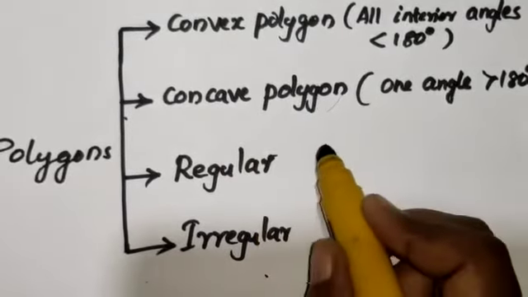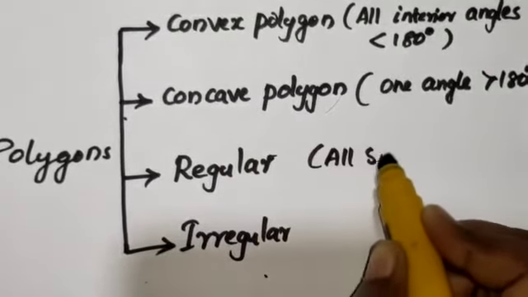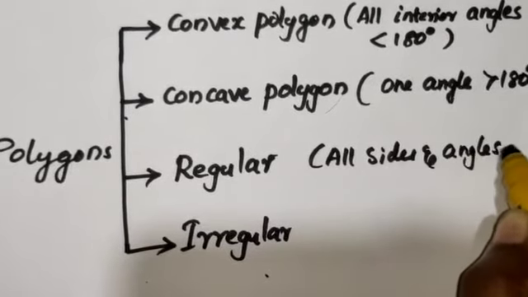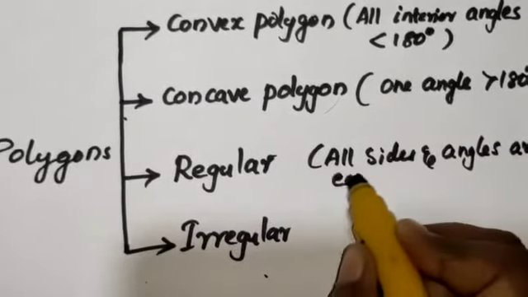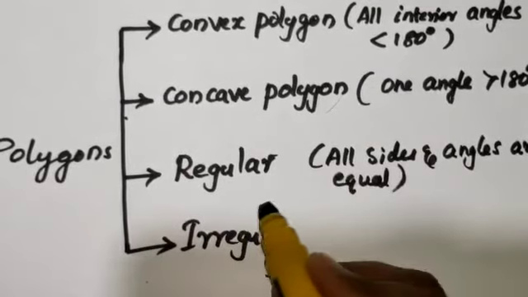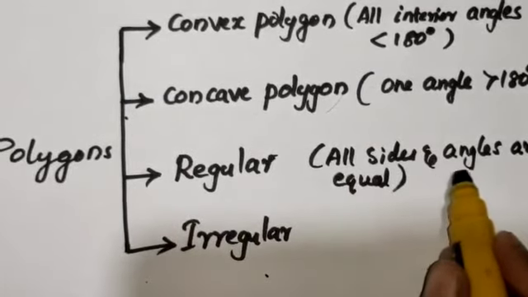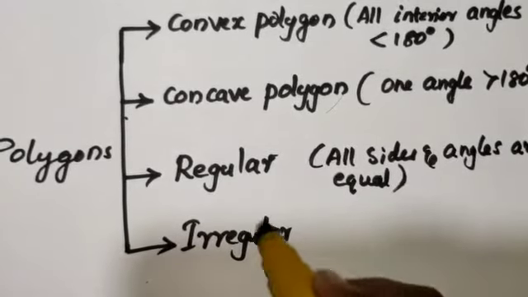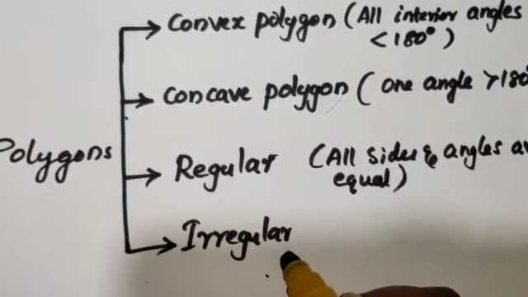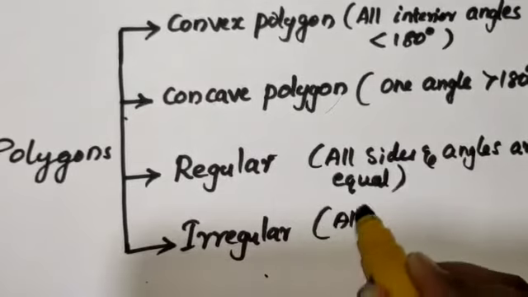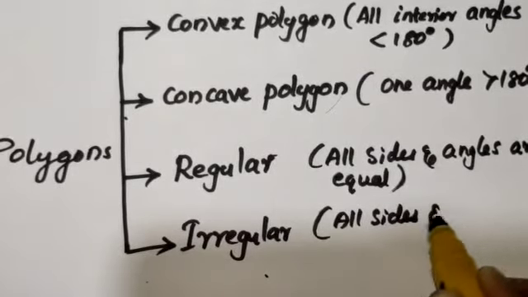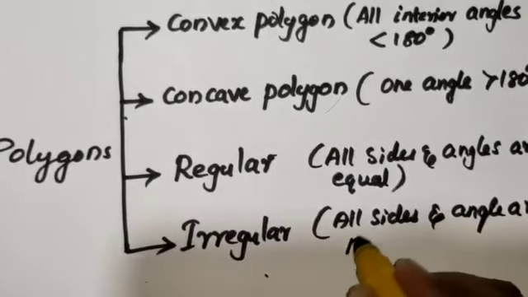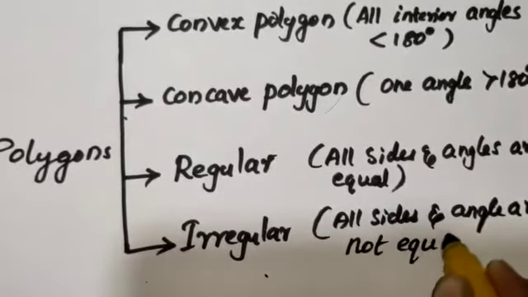Regular means all sides and all angles are equal. In a regular polygon, all sides and all angles are equal. Irregular means if it is not regular, it is called irregular. That means all sides and angles are not equal.